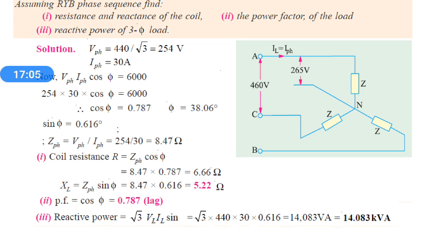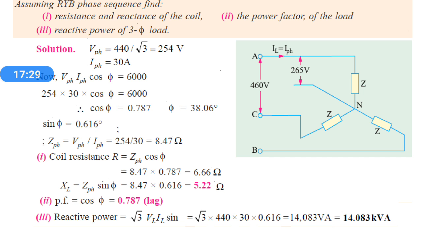Once we got the Z phase value, next we can calculate the R and XL value by using the impedance triangle. So here R value is the cos component. So R equal to Z phase into cos phi. Z phase is 8.47 into cos phi is 0.787, that is 6.66, the resistance value.